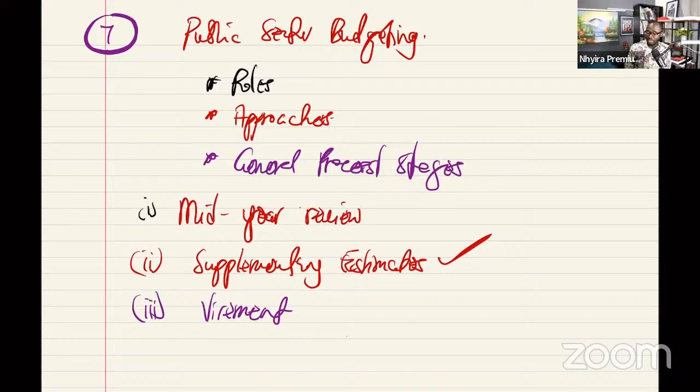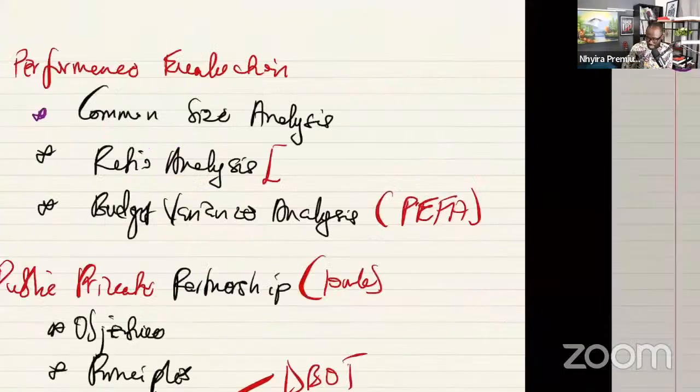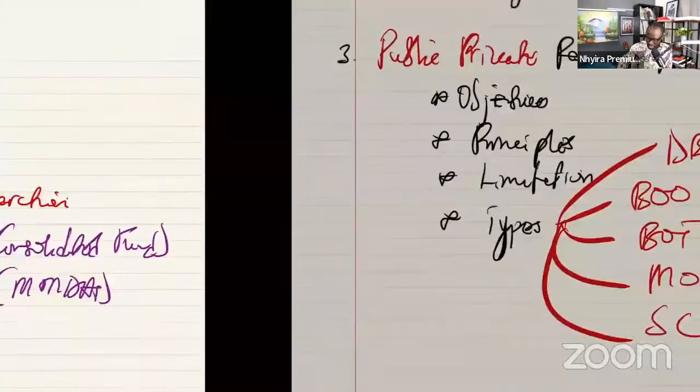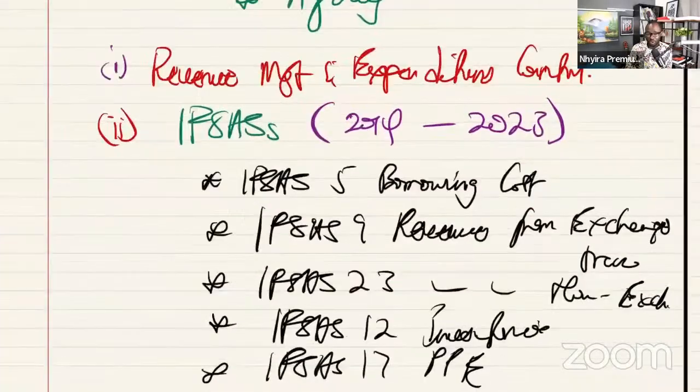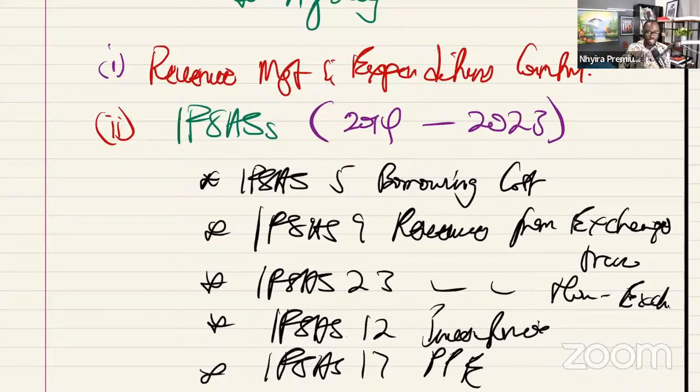And Koma Arthur Emmanuel said, hi, Nhyira. How different are these IPSASs from the IFRSs and IASs? They are not too different, but there is just a marginal difference between them. Like I listed here, IPSAS 5, borrowing cost, is the same as IAS 23, borrowing cost.